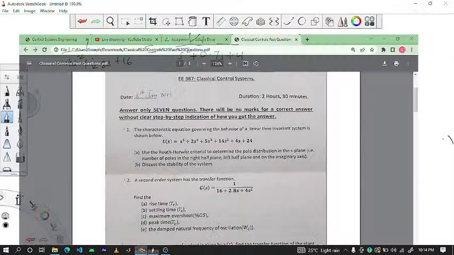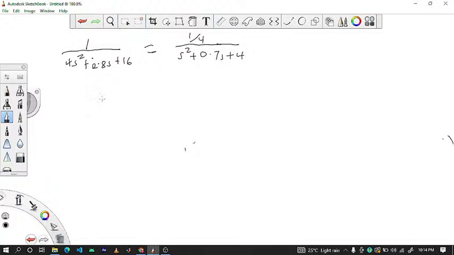So when you have a second order system, your response is given by 1 minus e to the negative zeta omega n t times cos omega d t plus zeta over square root of 1 minus zeta squared times sine omega d t.